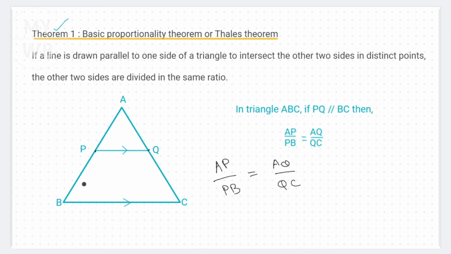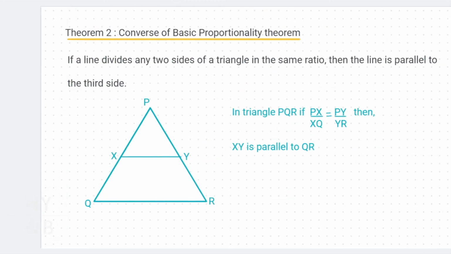AP by PB is equal to AQ by QC. So whenever a line is drawn parallel to one side of a triangle, the other two sides are divided proportionally by that line. Now, what is the converse of this theorem?